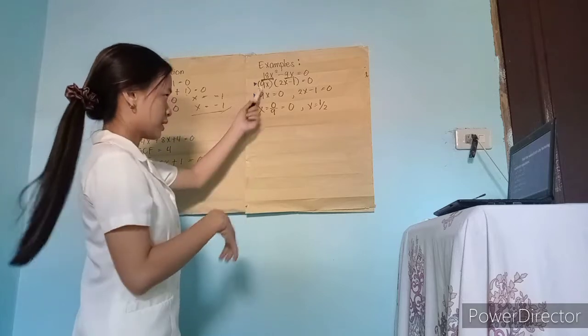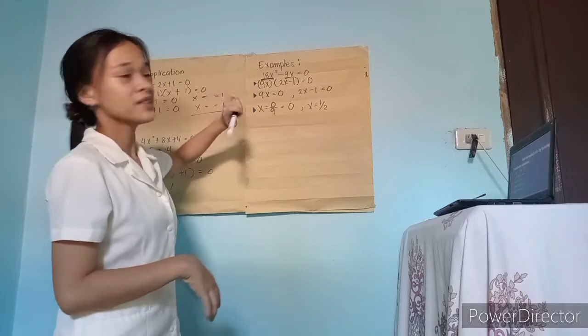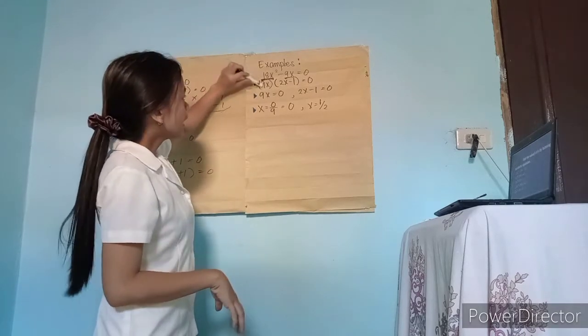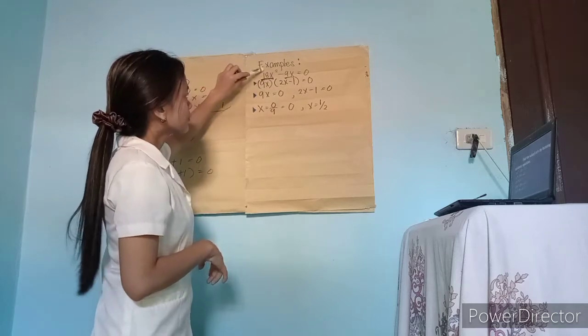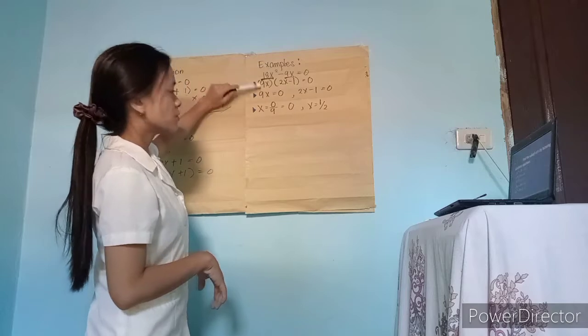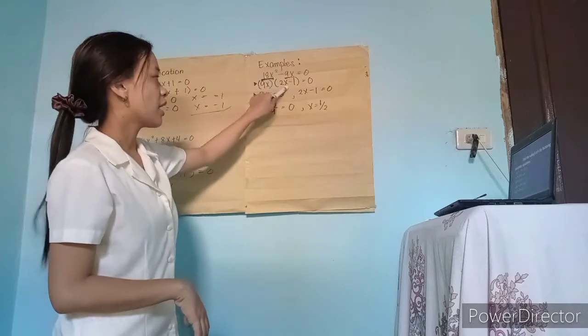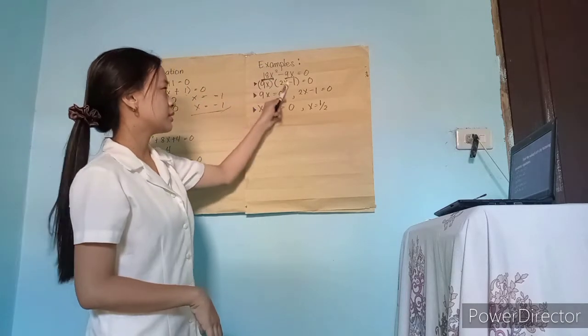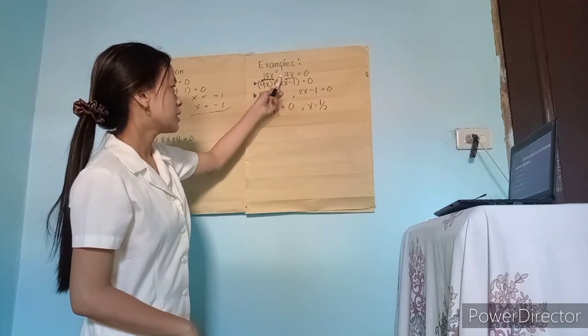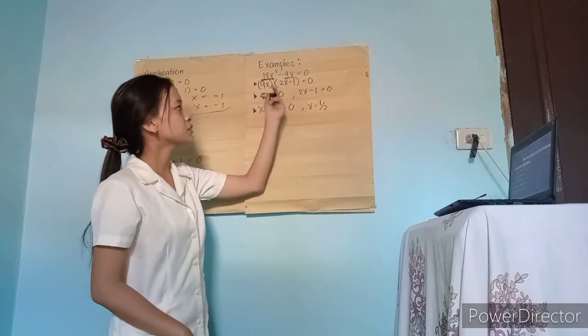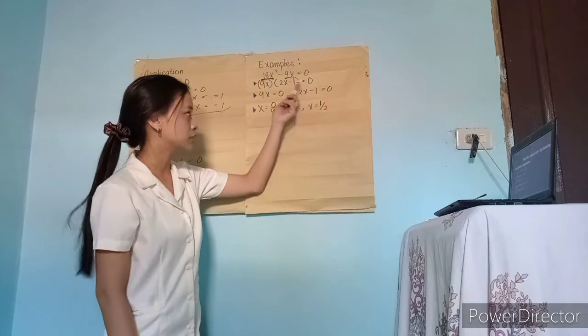Then divide. 18 divided by 9 is 2. x squared divided by x is x. So I get 2x for 18x squared. Next, the negative sign, and 9x divided by 9x is 1.